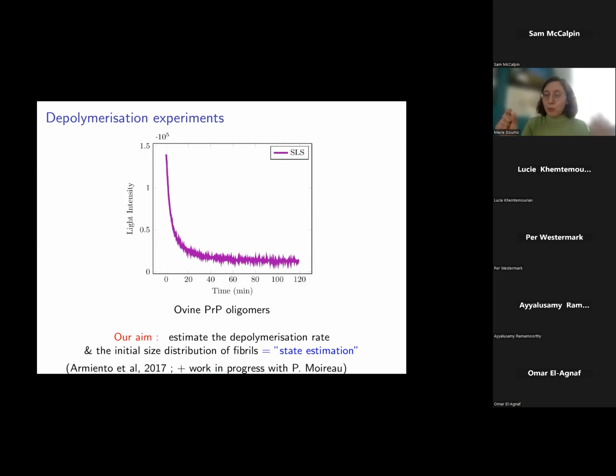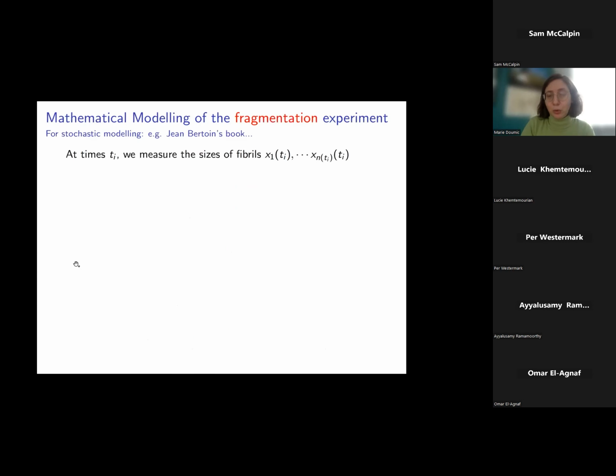They really lose monomers at their edge. The question is to estimate the depolymerization rate, and also the initial size distribution of fibrils. It's just an example of what we could do, and I will not speak more about this question.